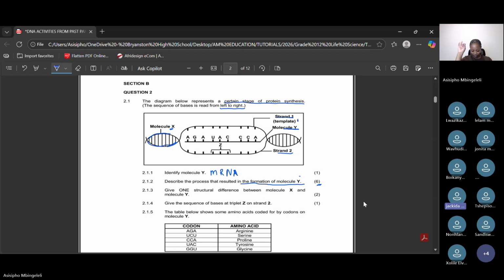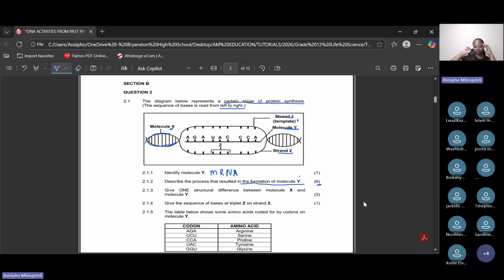Free RNA nucleotides in the nucleoplasm pair with the bases to form the mRNA. The mRNA is complementary to the DNA.